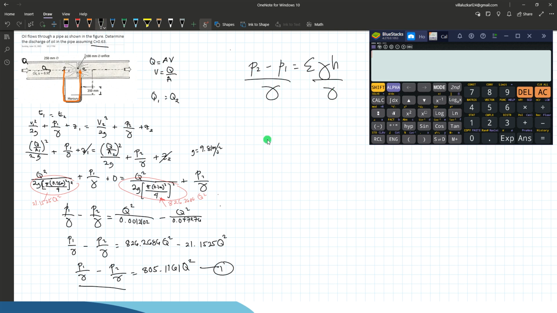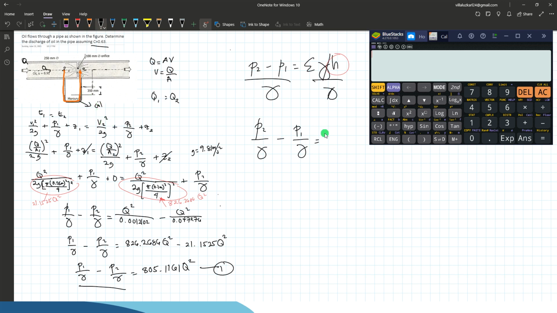Therefore, if we sum up the pressure heads from point 1 to point 2, we have P2 over gamma minus P1 over gamma. The only condition here is that our equivalent heads should be of the same type of fluid. Since we have mercury here, we have to convert the equivalent head of mercury into oil.